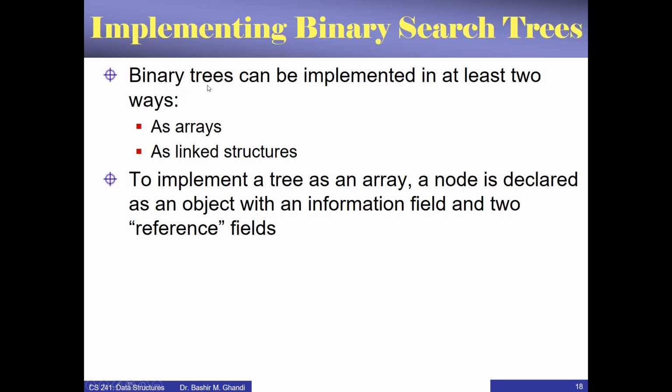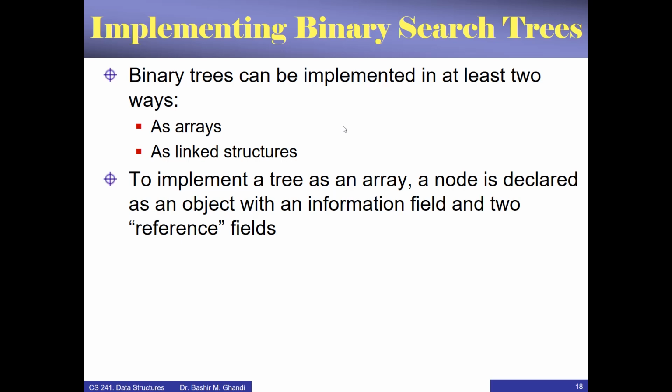Now, as we have seen with other data structures, there are always two different ways that you can follow in implementing a data structure. You can use arrays, or you can use a link structure. And since we're going to be implementing using link structure, I will skip the explanation about array implementation.